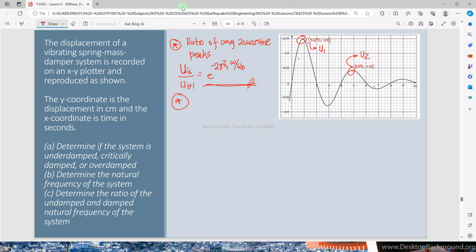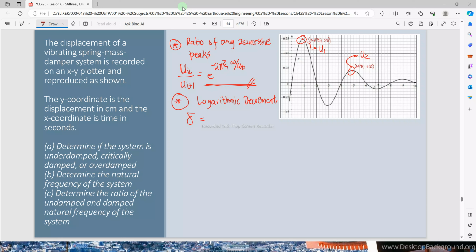Another equation or concept that we're going to introduce here is what we call the logarithmic decrement. The symbol for logarithmic decrement is delta. This is not to be confused with the displacement.